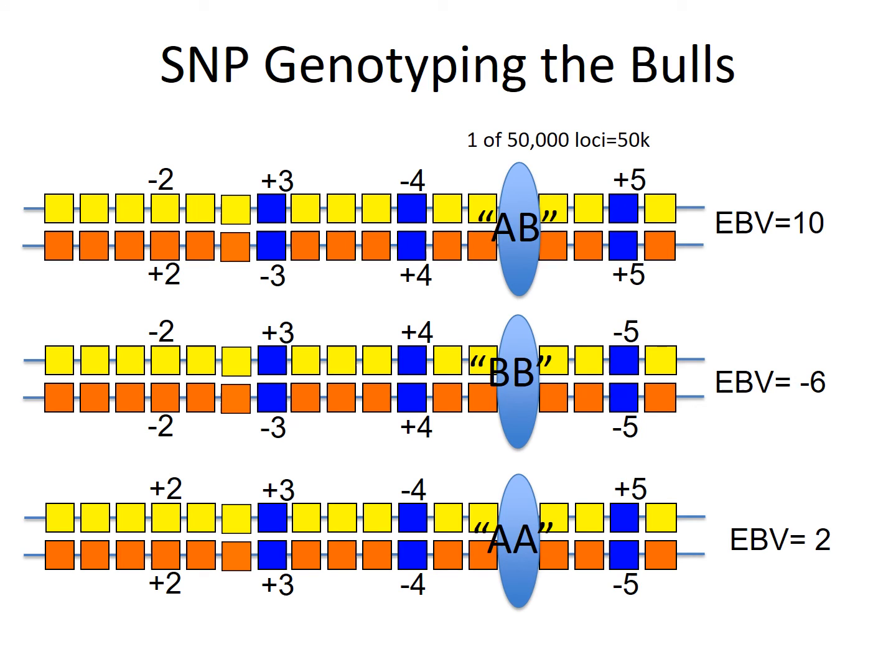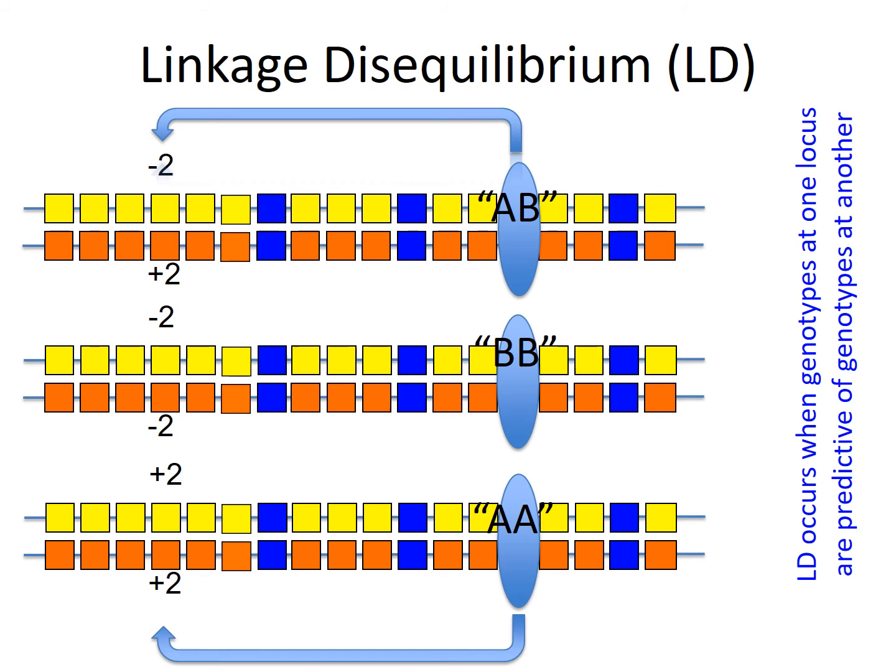They won't be the genes that actually have the effect on increasing or decreasing performance. What we are hoping might happen is that the SNP is in what we call linkage disequilibrium with one of the real genes that is having an effect in this region.